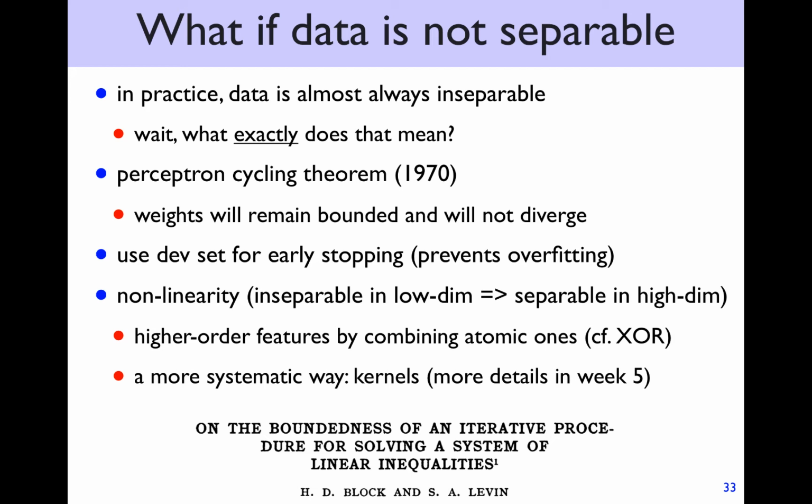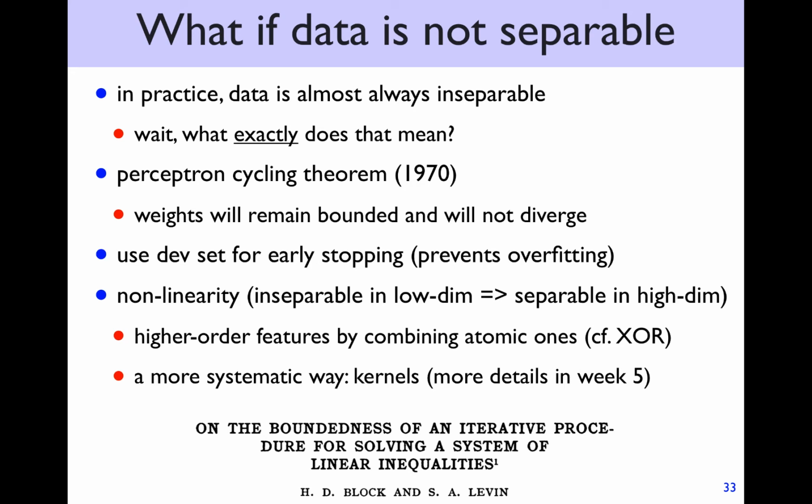But if the data is not separable, then even if we train it forever, we're still not going to see the training error go down to 0. It will just cycle at a very low rate, say about 5%. You just cannot improve upon 5%. Now, what we do in practice is always use a dev set for early stopping to prevent overfitting. This dev set is also called a validation set or development set, to simulate unseen data.